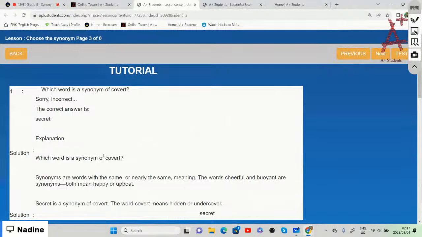It says that the words cheerful and buoyant are synonyms. Both mean happy or upbeat. So if we go back to covered, we see that the synonym of covered is secret. The word covered means hidden or under cover.